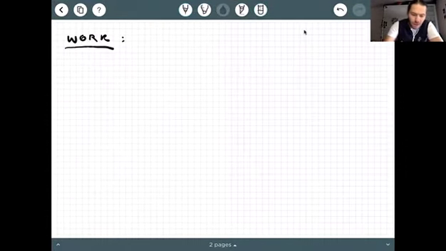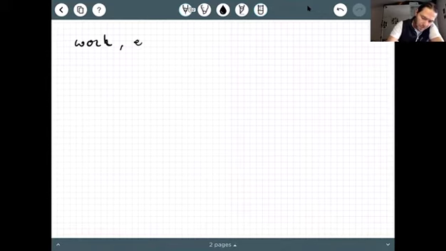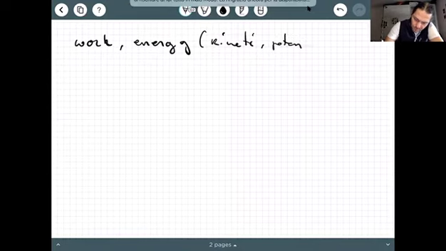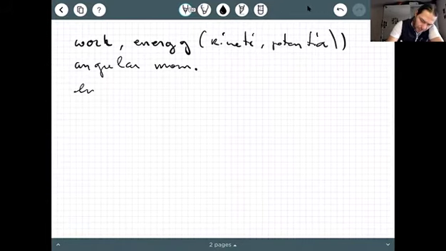Along with classical mechanics and Newton's second law, you are often exposed in your high school or college education to additional concepts, which are work, energy, be it kinetic or potential, angular momentum, linear momentum, and so on.